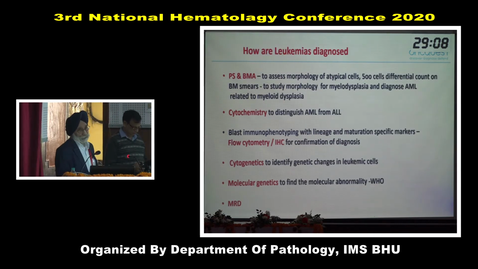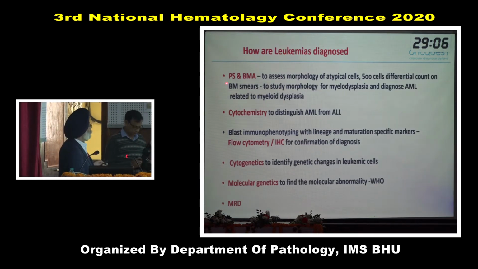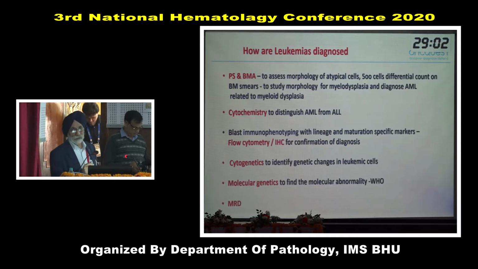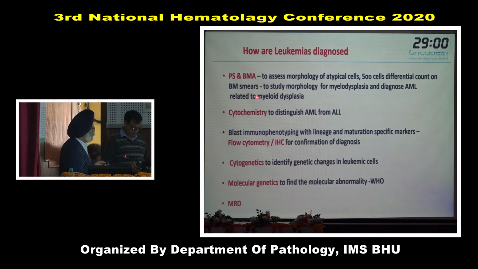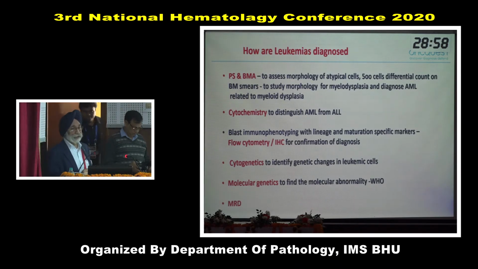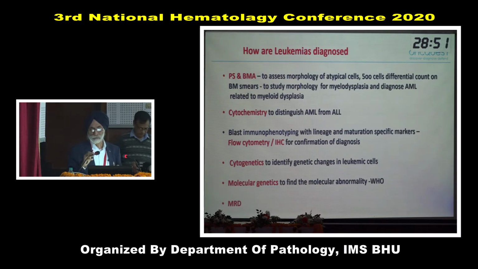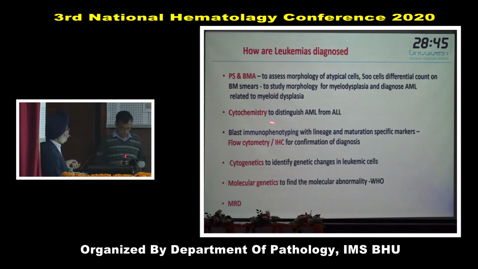So how do we diagnose them? First is peripheral smear and bone marrow aspirate. Okay, all of you are doing that. Cytochemistry is the next thing, which gives us a broad idea whether we are dealing with AML or ALL. And this is essential for the clinician to start the chemotherapy. Then we do the immunophenotyping by two methods.